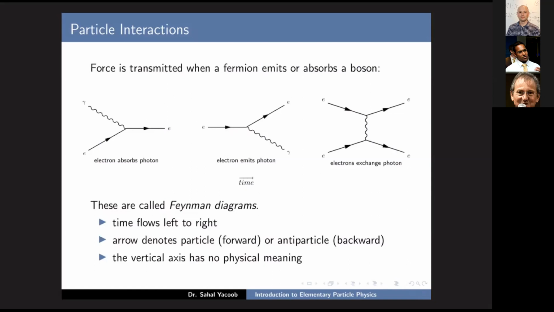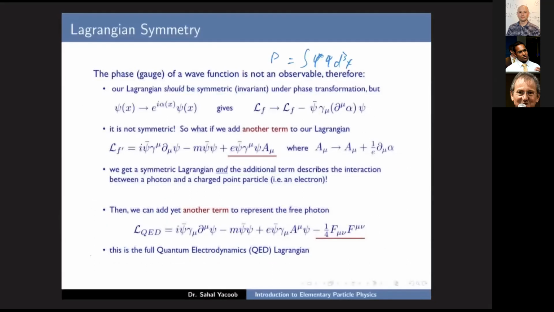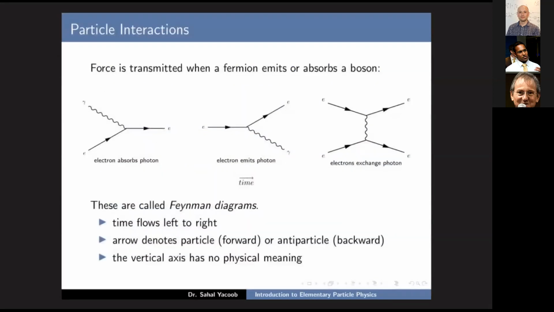So this interaction term includes a photon field, a particle, and its antiparticle. And that can be described in terms of Feynman diagrams.